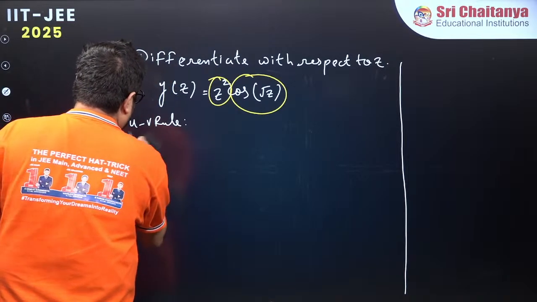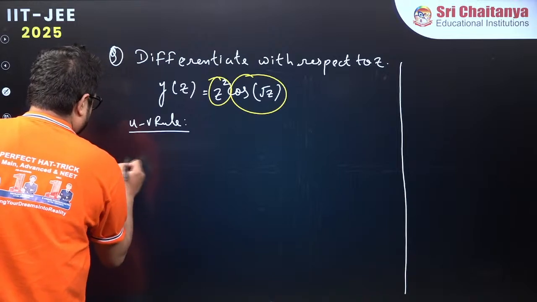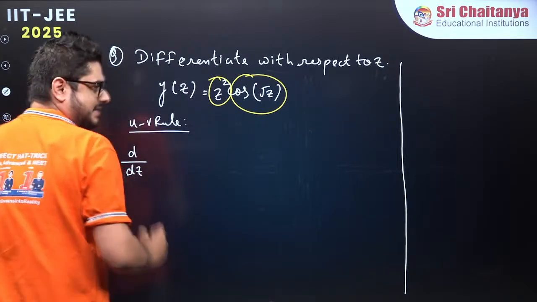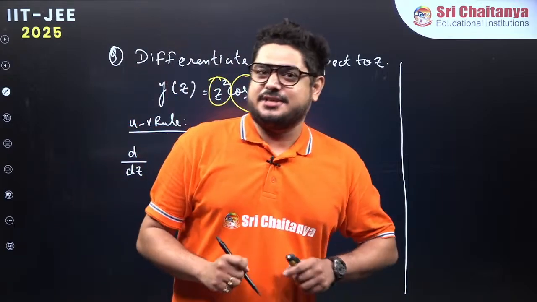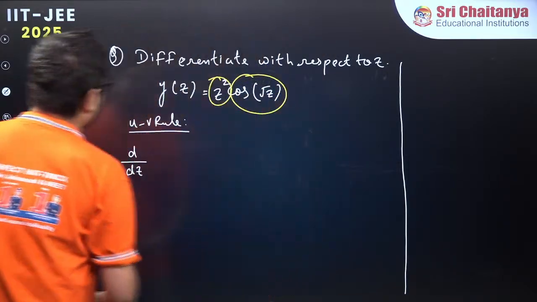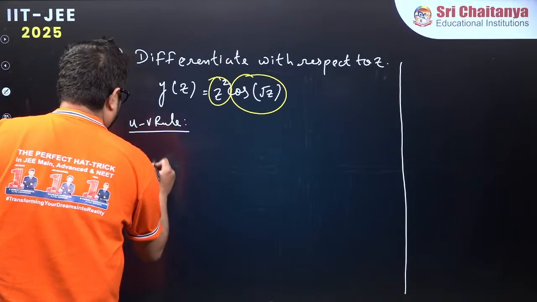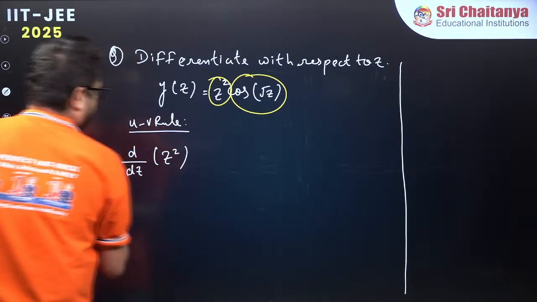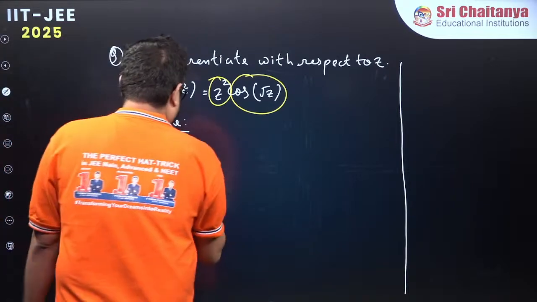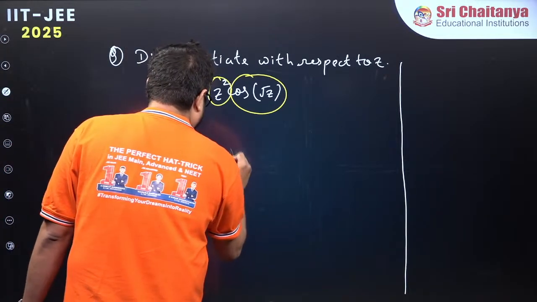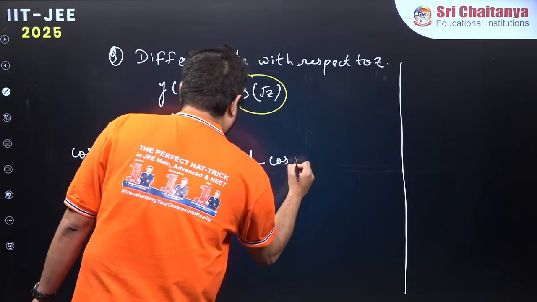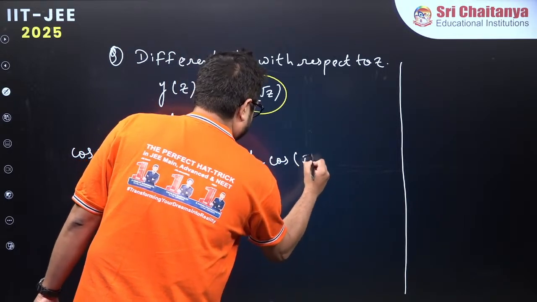It's UV rule itself. First of all, this time it's going to be d by dz, because the variable is z this time. So now I can write it down as d by dz of z square, considering cosine of root of z to be a constant, plus z square to be a constant, d by dz of cosine of root z.